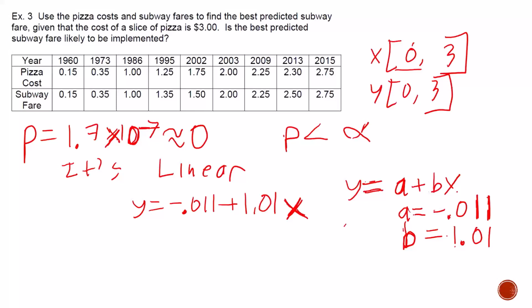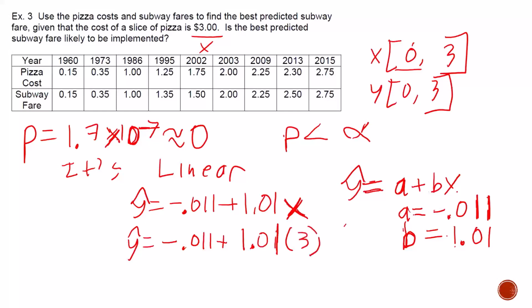Now I should have typed y hat to mean y predicted, right? So now it says if a pizza slice is $3, what is the predicted Subway fare? Well, you just plug that into the equation. Pizza slice, that's X. So once you get the equation, it relates pizza to Subway fare. So now that we know that the equation's legit, right?